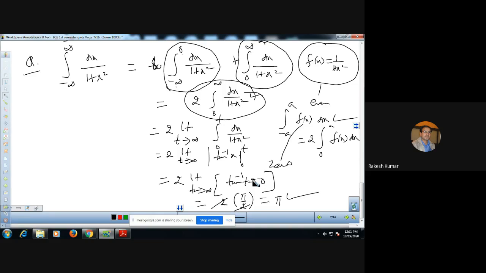Only difference is in today's class we have done the questions related to improper integrals. Improper integrals mean when one of the limits or both of the limits are in terms of infinity. This is the only difference. Otherwise, this is also a definite integral.